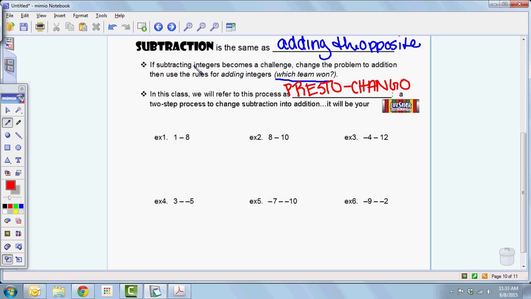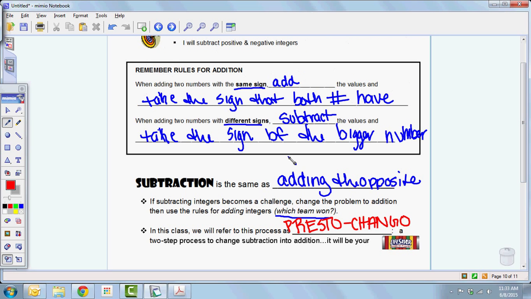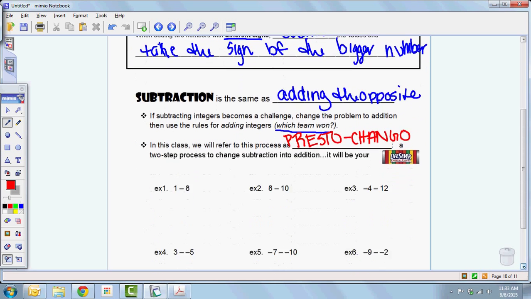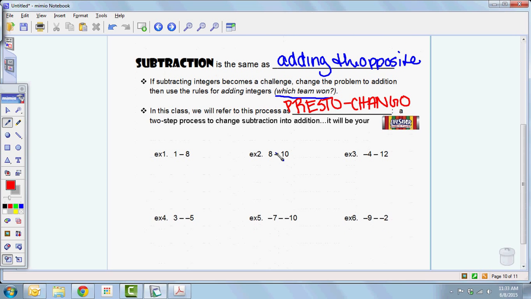The reason we're doing that is because we want to use the two rules that we've just become so good at. Okay? So I'm going to call this your lifesaver. For the entire school year, whenever you have subtraction or negative numbers, I'm going to ask you to pull out your lifesaver. And Presto Changeo is going to be your lifesaver. So let me show you how Presto Changeo works.